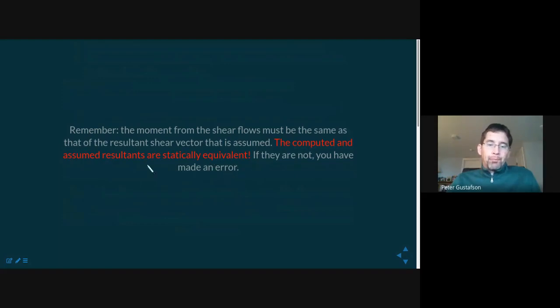Okay, I'm going to make this statement again. Remember, when you do these calculations, there are 2 things you really need to pay attention to. Whatever you're assuming as the shear value, and here I'm going to draw SX because that's what we used, whatever you then calculate the flows to be, wherever they are, however they're aligned, this is equal to that.